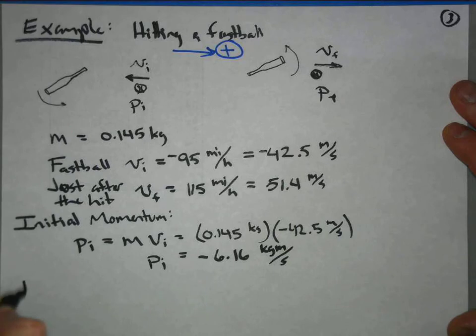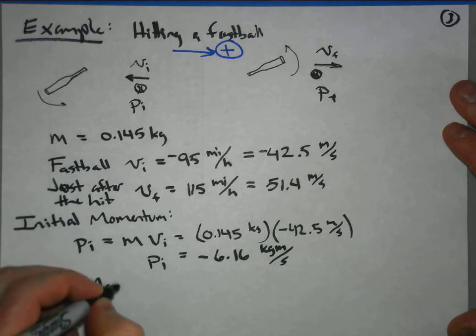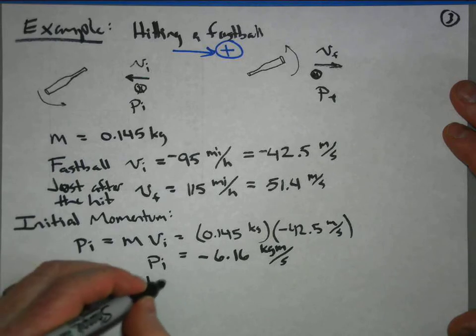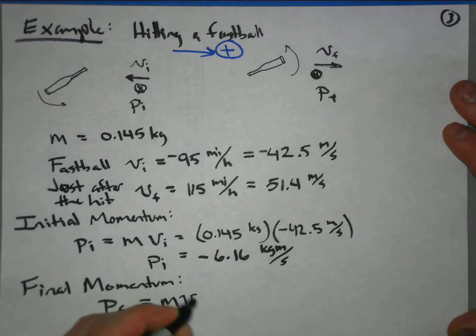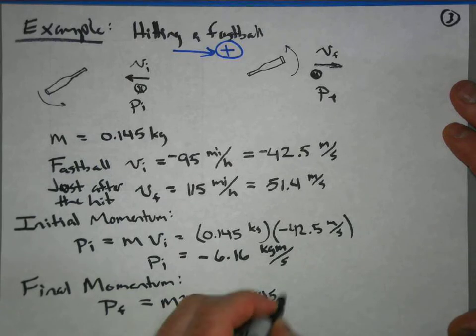How about final momentum now? Be just as easy to find. Final momentum: mass times final velocity. Mass hasn't changed. Mass is the same, 0.145 kilograms.